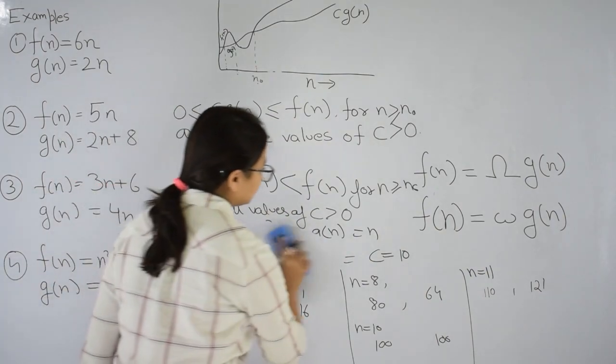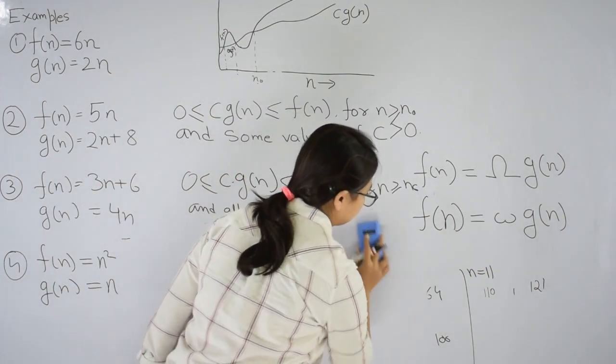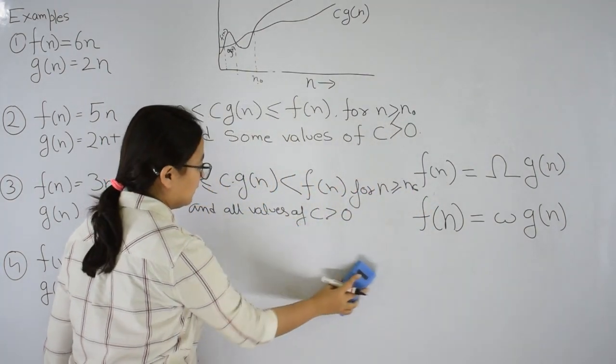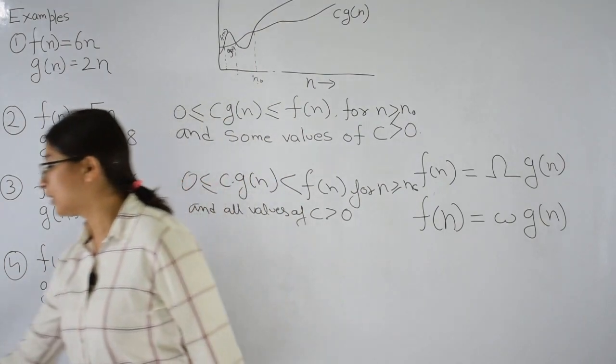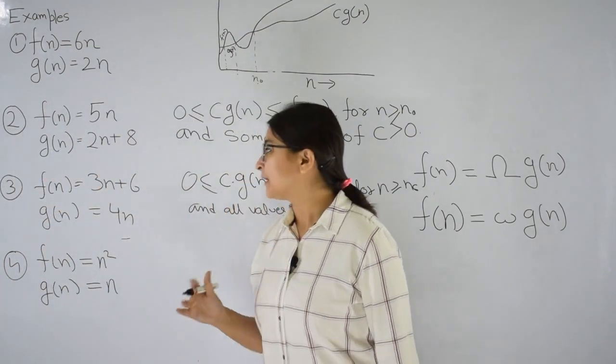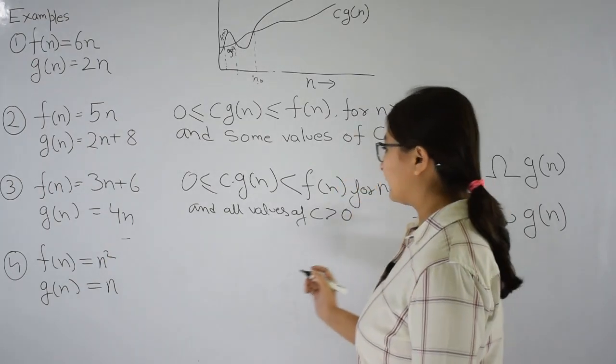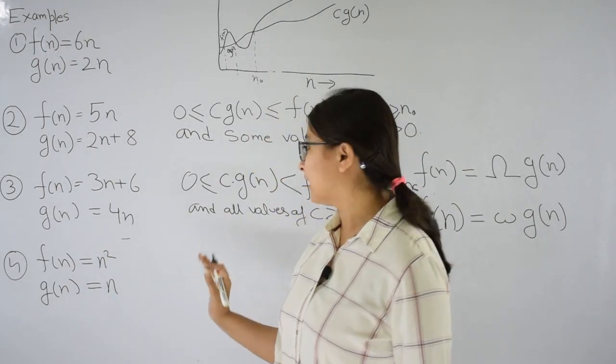One more thing, just as it was the case with your small o notation, similarly with our small omega notation, we can also define small omega like this.